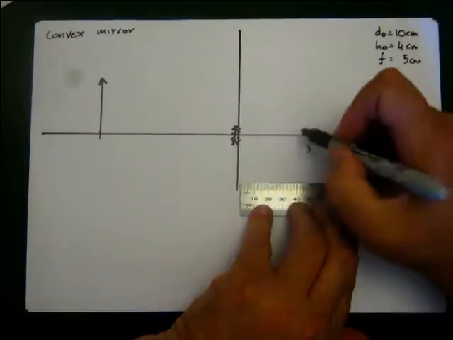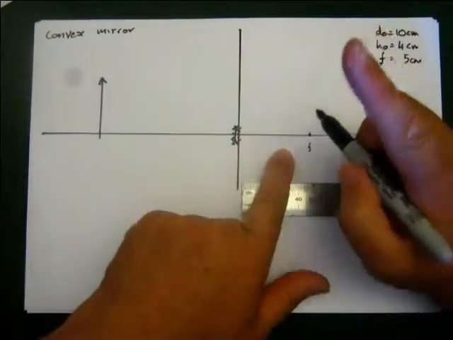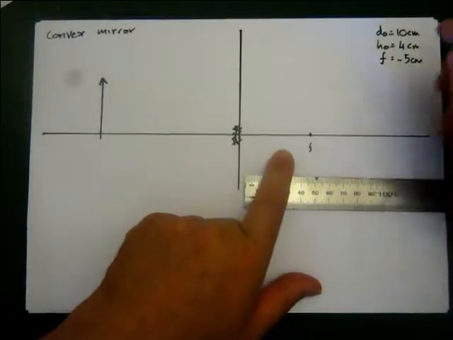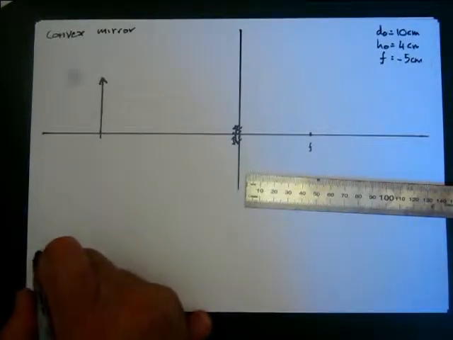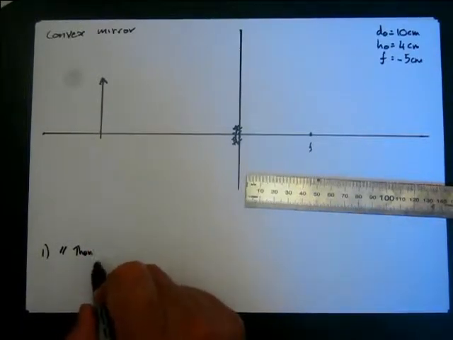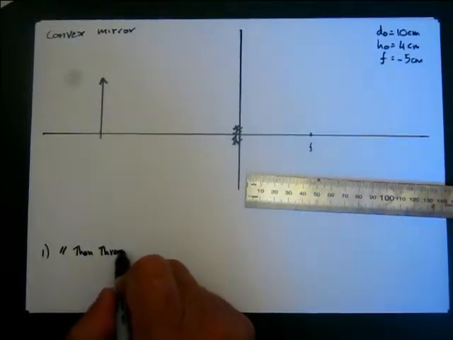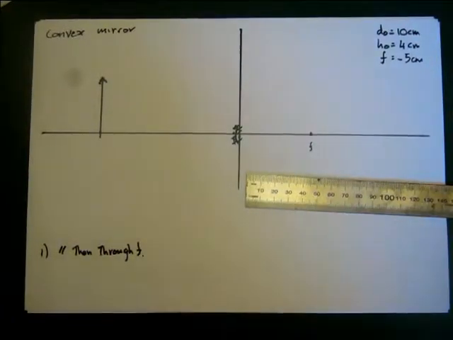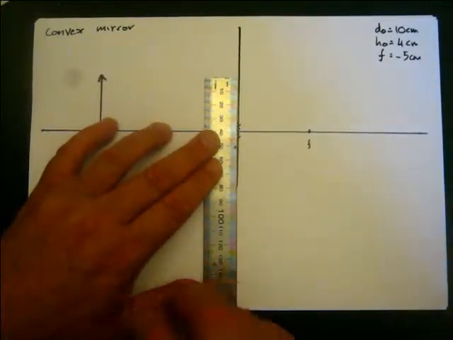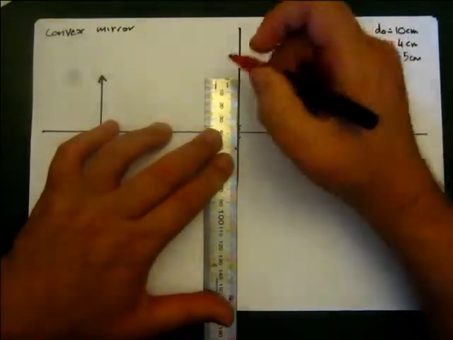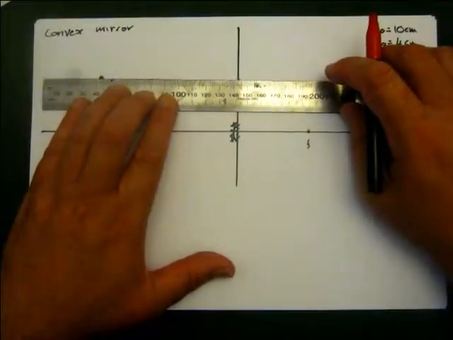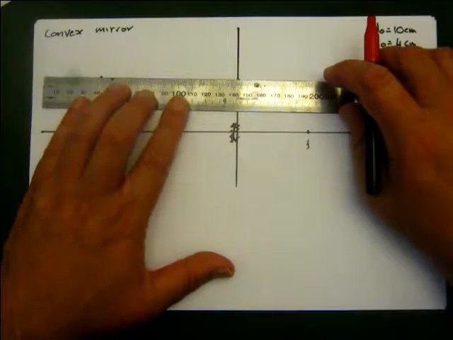But what I've actually done is, because it's on this side for a mirror, I'm going to make that minus. And then we're going to do the basic thing we did before. So ray 1 goes parallel, then through F. The ray goes parallel, leaves the object, goes to the mirror, parallel.